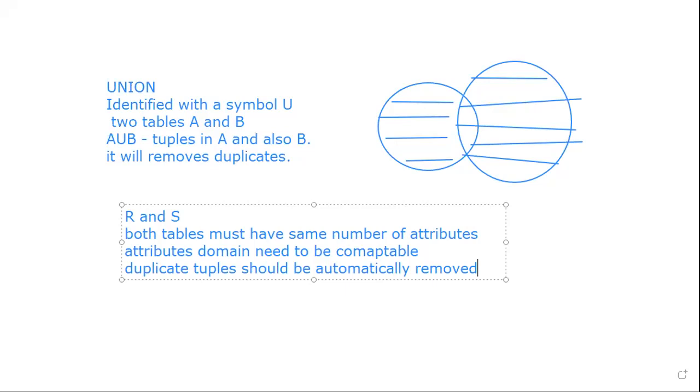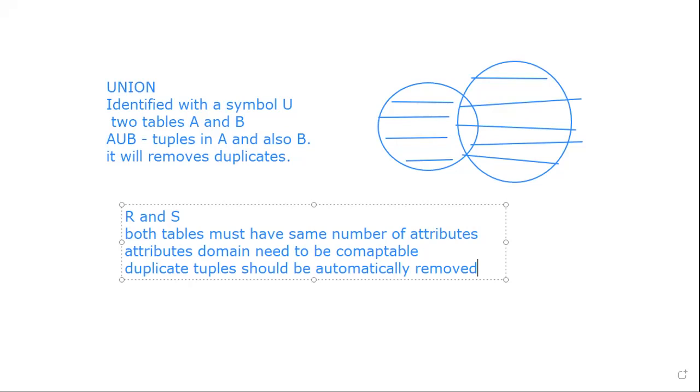Let us take two tables, R and S. The following properties have to be satisfied for union. The first property is that both tables have the same number of attributes. If the first table R contains 2 attributes, the second table S also contains 2 attributes.